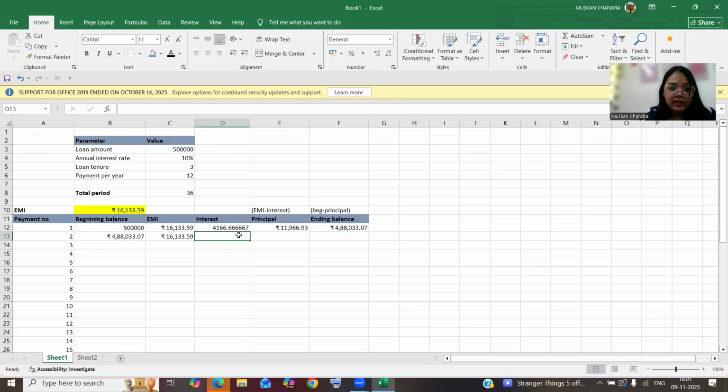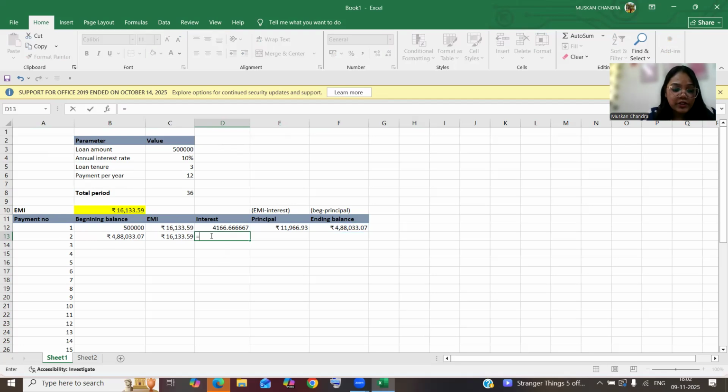Now, under interest, we have B13, which is this beginning balance.